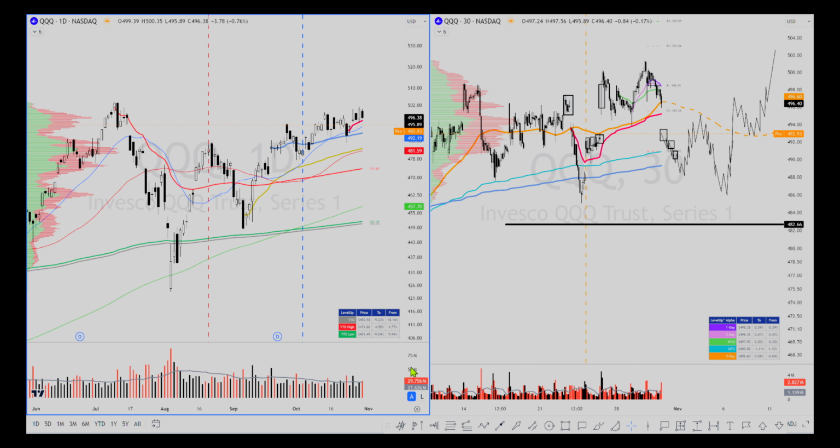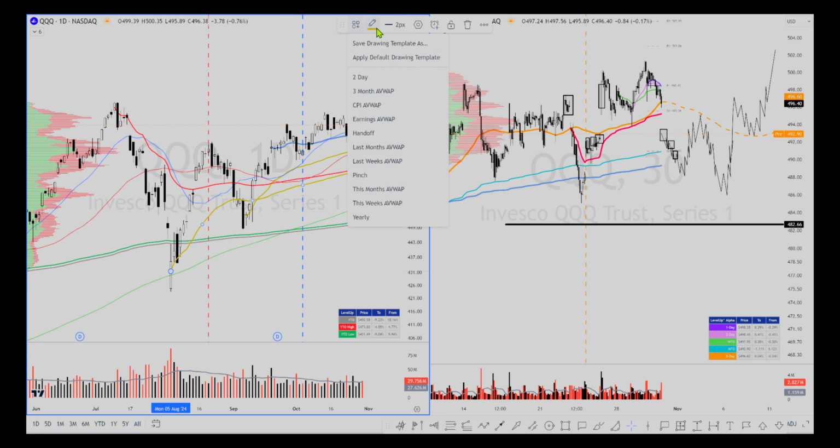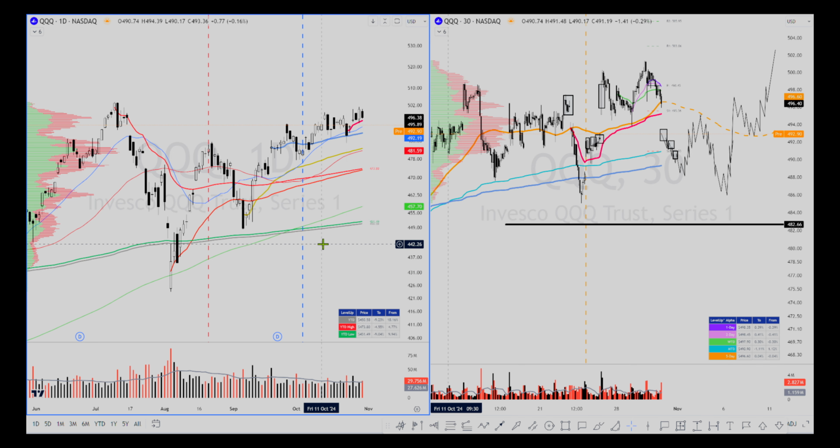And it's a significant pivot low to a rally to new highs. And then you can see this VWAP coincides with the year-to-date volume weighted average price at 473.80.